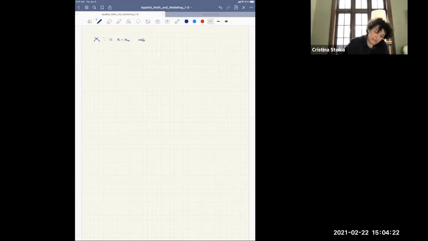So big X dot will be little x dot, because x naught is a constant. And I'll take big Y to be little y minus little y naught, so Y dot will be just little y dot. In this way, I can write my system.